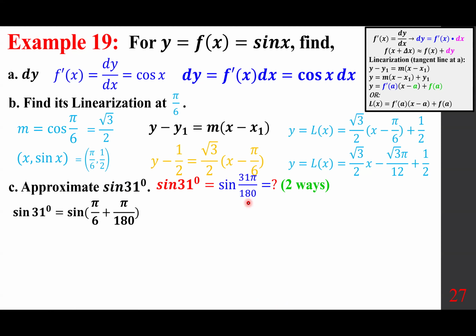And so approximation f of x plus dx is f of x plus dy, where f of x is sine x and dy is cosine x dx. So one more time, f of x is this function and dy is this.